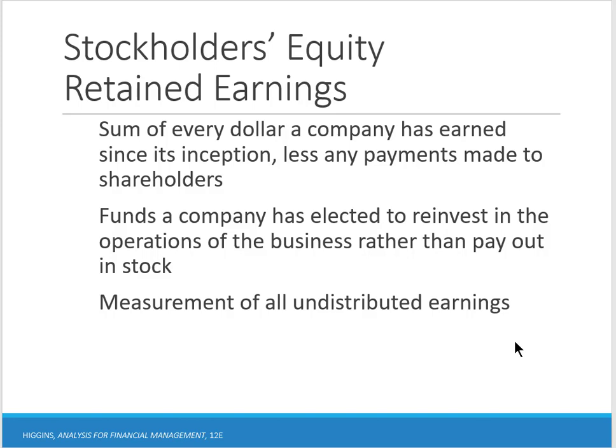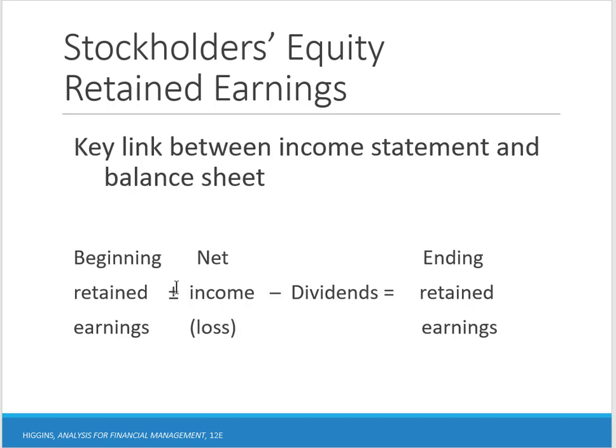When they have earnings, some of that is distributed to the owners as dividends, and the rest is reinvested. So if you take whatever the retained earnings are in the beginning, you either add or subtract the net income, you then subtract dividends. That leaves us with the ending retained earnings for the company.